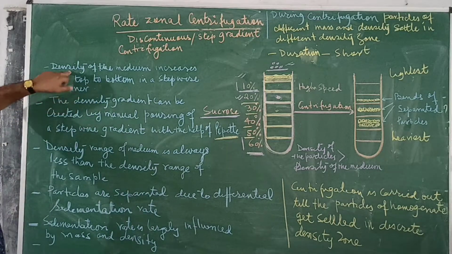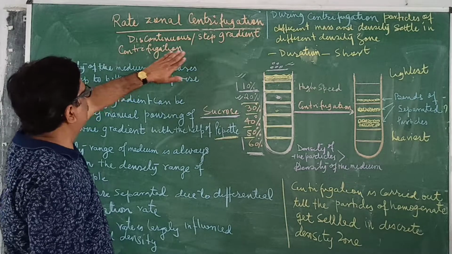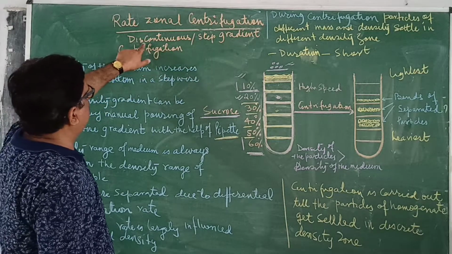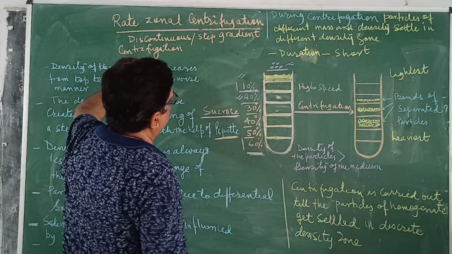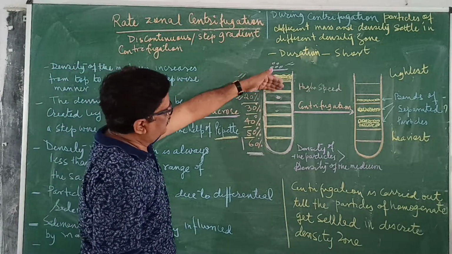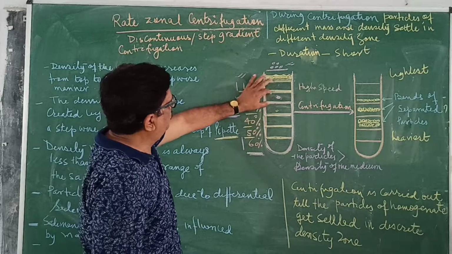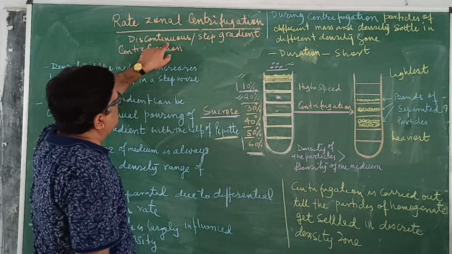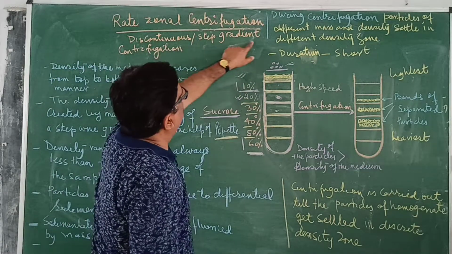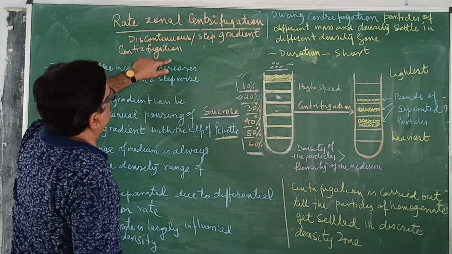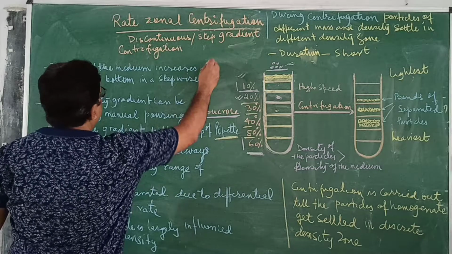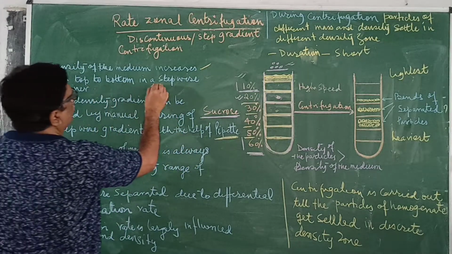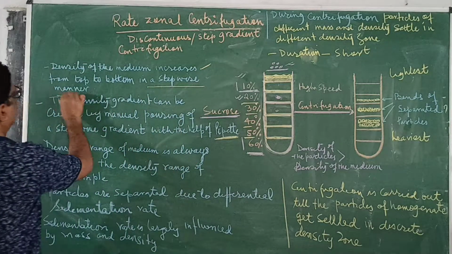Rate zonal centrifugation is also known as discontinuous or step gradient centrifugation. This is discontinuous, not continuous; it is in a stepwise manner. The density of the medium increases from top to bottom in a stepwise manner.